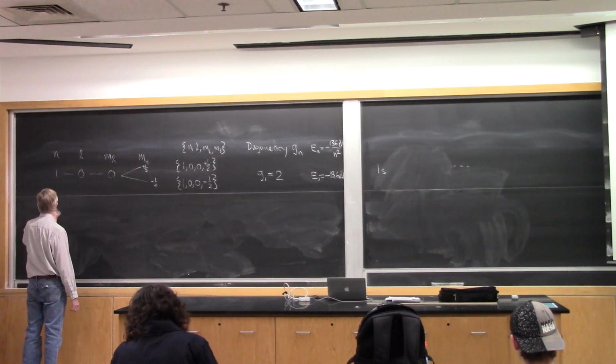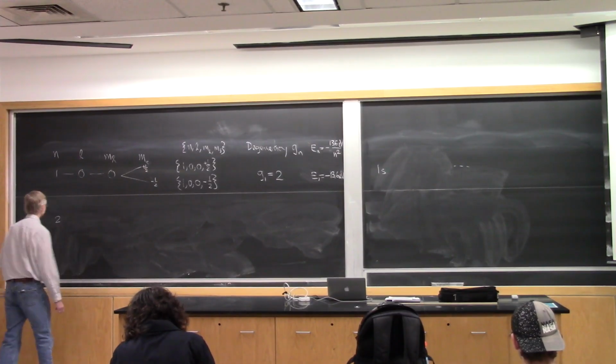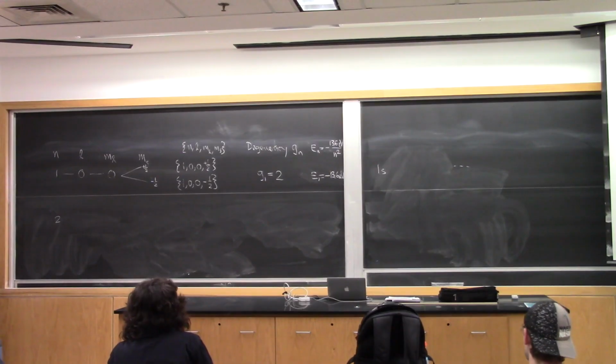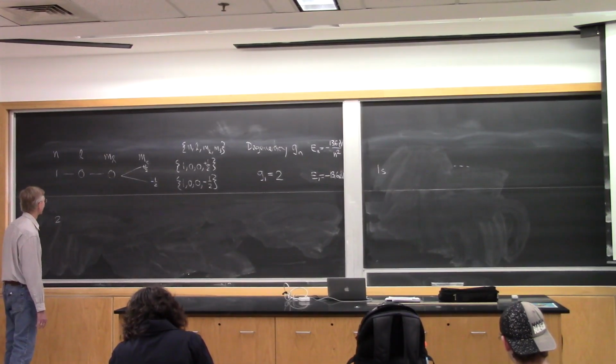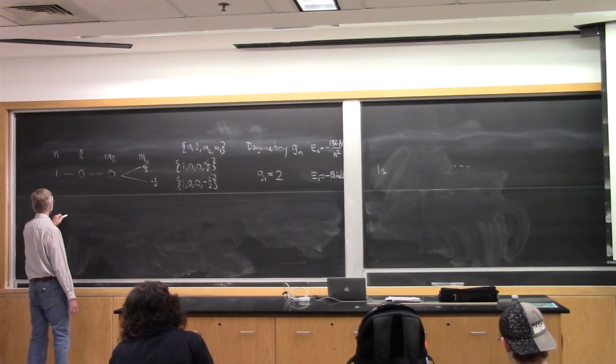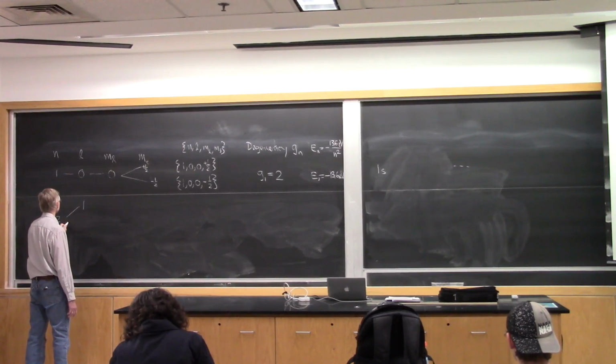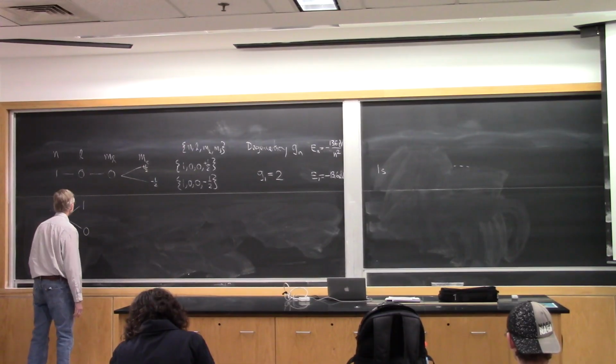So if n is equal to 2, what can L be? 0 or 1, right? Because it goes from 0 to n minus 1 in steps of 1. So I'll just put the larger value higher up. So L could be 1 or L could be 0.